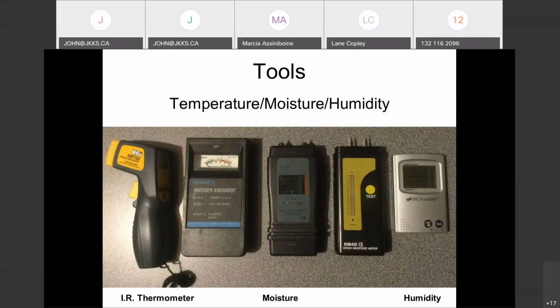So if I start at the left-hand side, this is my infrared thermometer. What would I use an infrared thermometer for? Well, a number of things. I can basically use a little yellow trigger and point it towards a wall, especially an exterior wall, and get a temperature reading, maybe at a few different spots and locations.